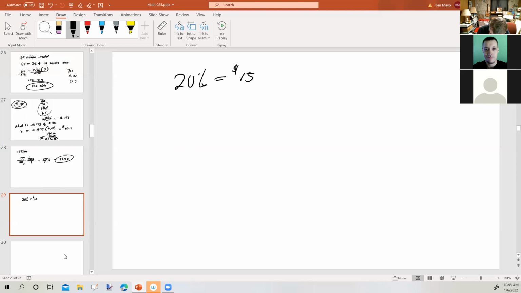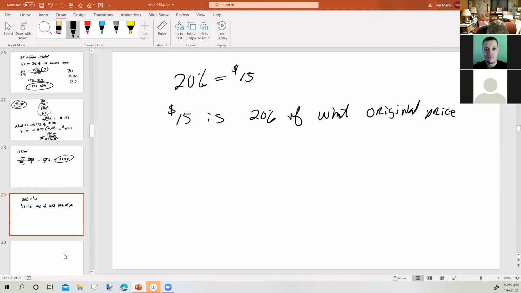So you could say this, $15 is 20% of what original price? Price of the toy, okay? So you'd have $15 equals 0.20 or 0.2 times the original price, which is the unknown.